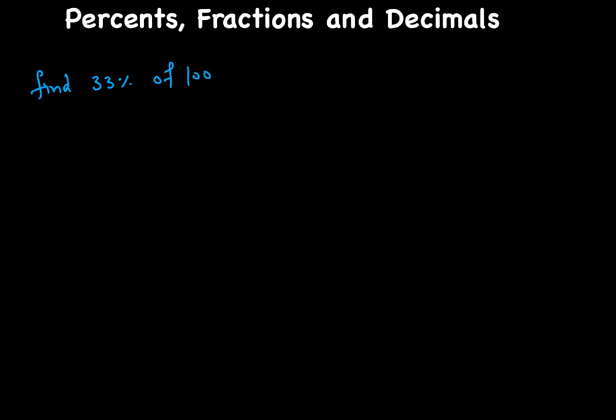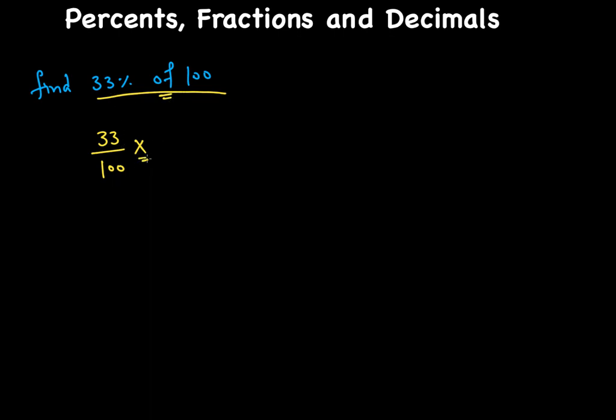So what we're gonna do is break this word problem into numbers. 33% means 33 out of 100, and wherever you see "of" in these kinds of problems, it is multiplication. So this "of" is multiplication here.